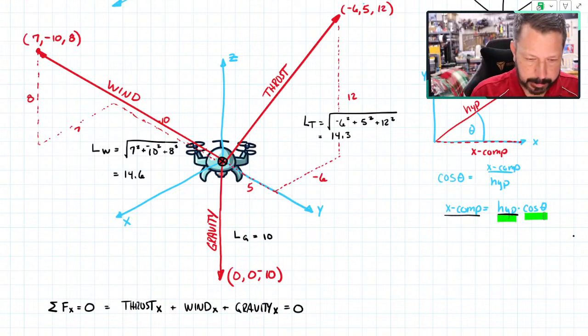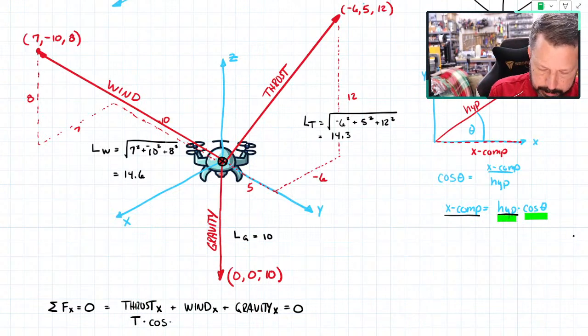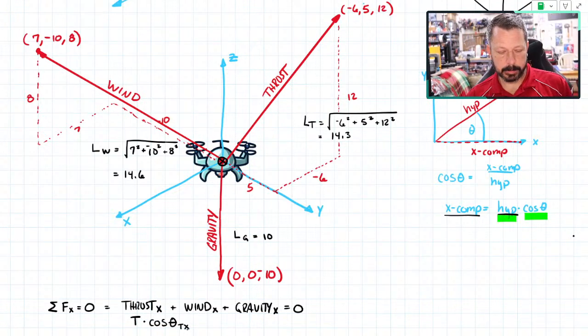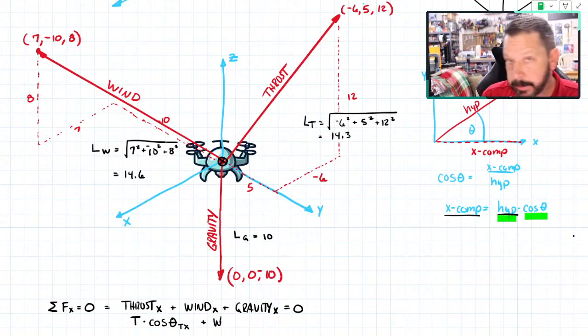So the x component of the thrust will be, let's just call it T for thrust, times cosine of theta between the thrust and the x-axis. We'll come back and fill that in a second. Plus the wind, I'll call that W. W is the actual force from the wind, so the total force.